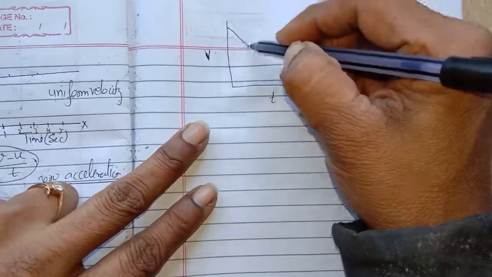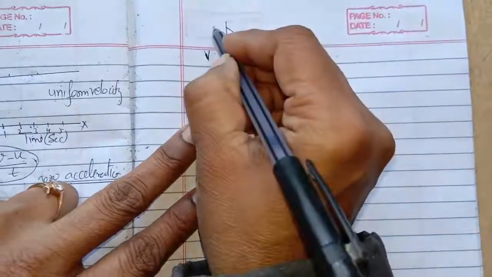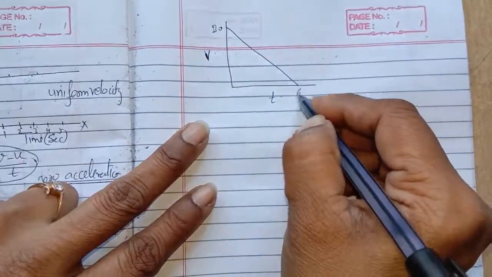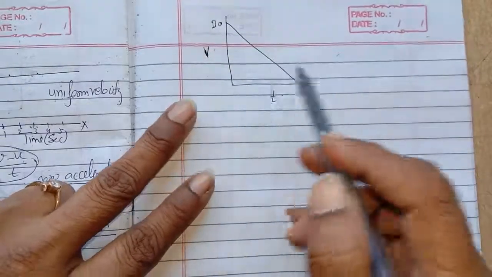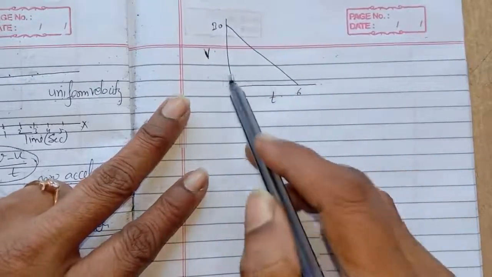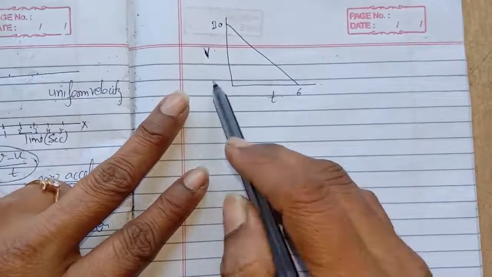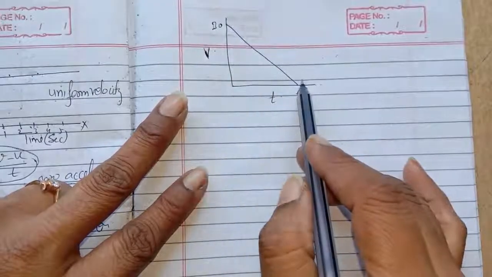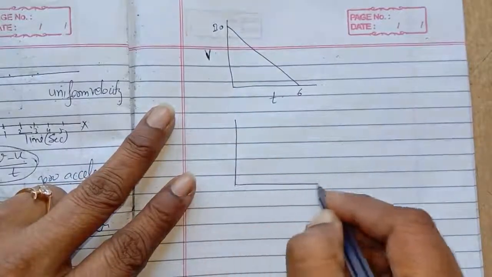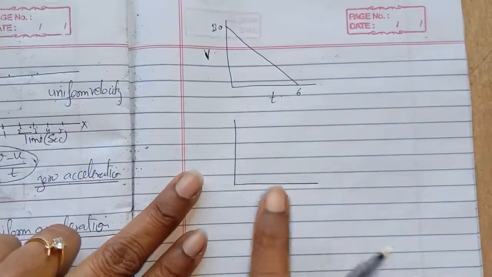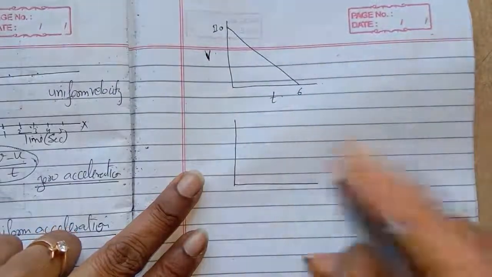This type of graph was in the question. This was given 6, 30 and this was given 6. For finding the value of acceleration from the graph, you have to find the slope of the graph. I'm just going to explain the simple graph for you first, and then this question.